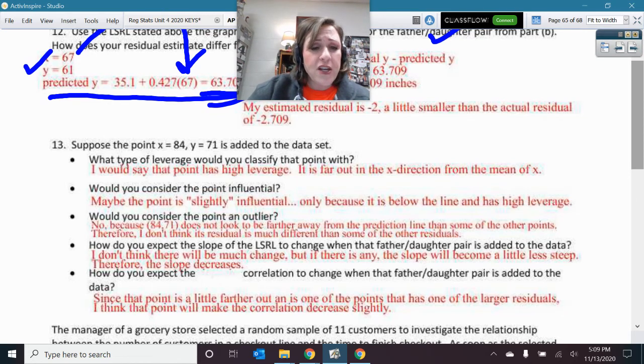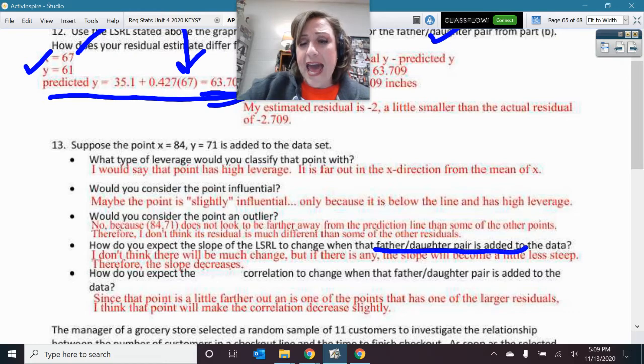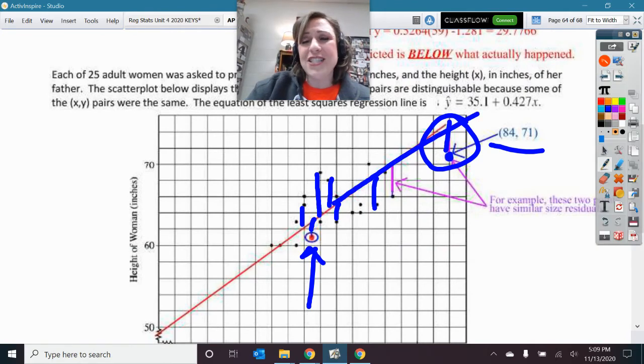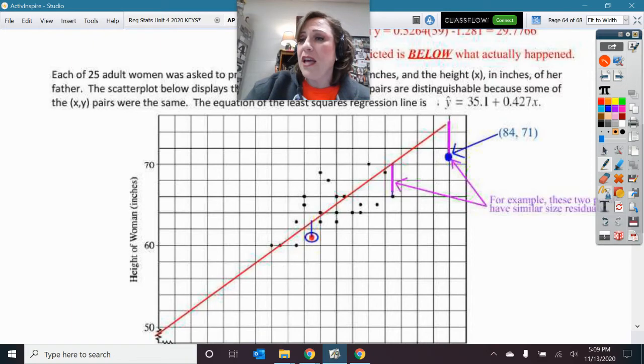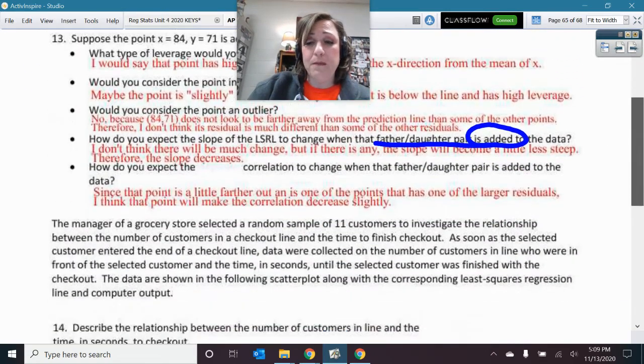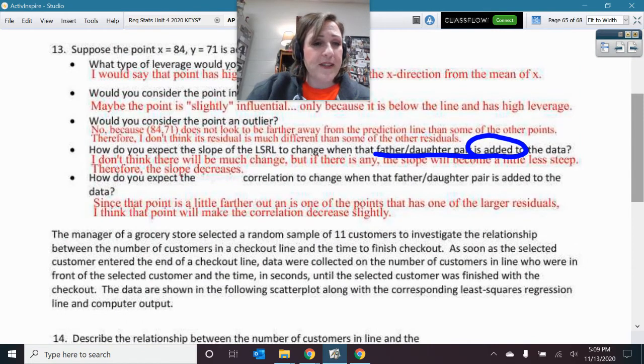Okay. How do you expect the slope to change? It's probably not going to be much change at all. It says, now I need to think, which direction is it going? It says when that is added to the data. So if anything, this might teeny tiny pull this down a little, but I just don't really think it's going to do much. If anything, it might flatten out the line a teeny bit, but it's really going to pretty much stay about the same.